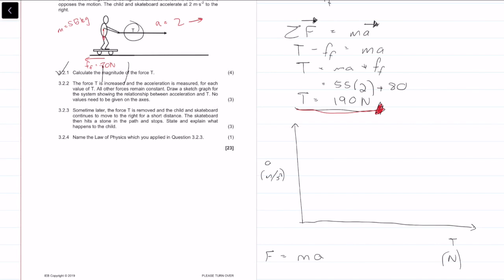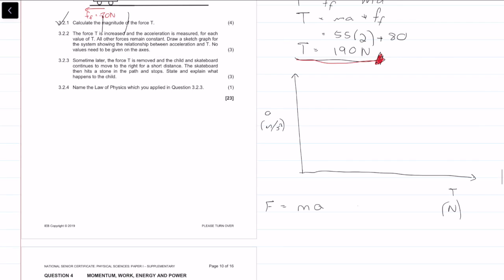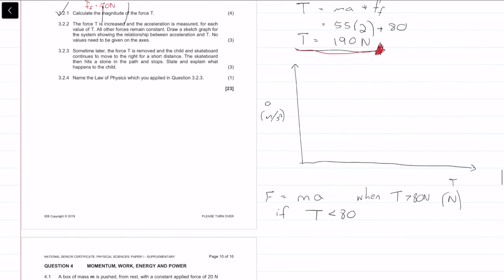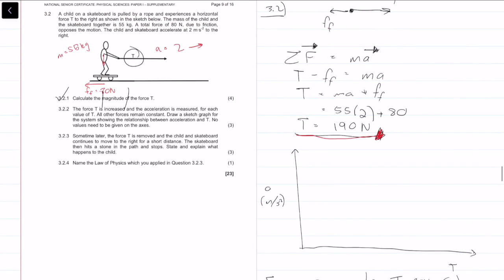But this equation only applies when T is greater than 80 newtons. If T is less than 80 newtons, then the force of friction is too high, so there's no movement. Less than 80 newtons, this kid is not moving at all.